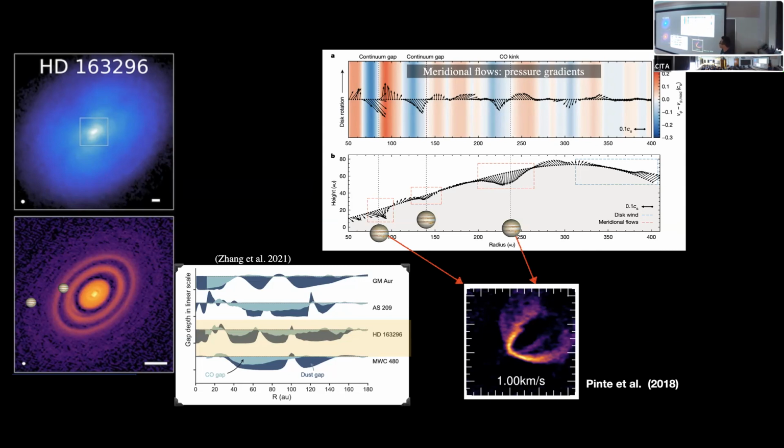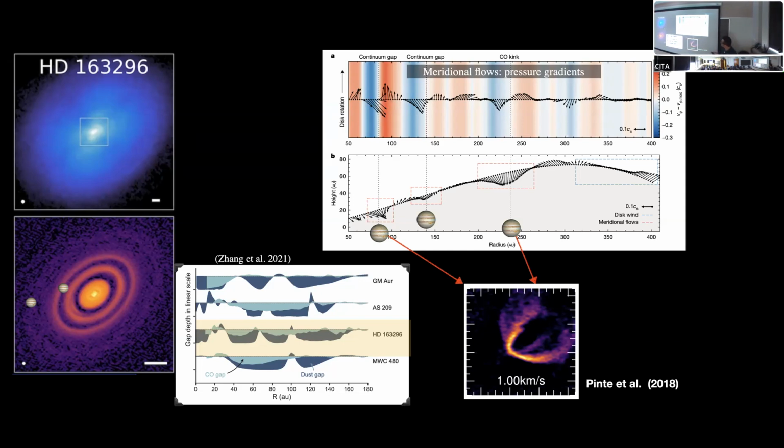What I'm showing here, again, just to remind you, is the dust millimeter continuum, pretty much at the midplane. We have the 12CO, the one in the box here. It actually encapsulates this whole box, right? So it's way more extended in the gas.